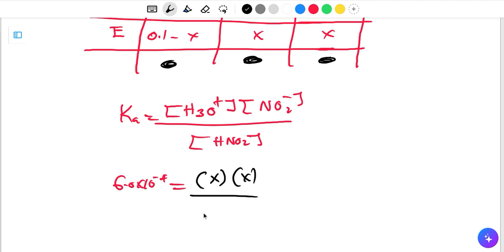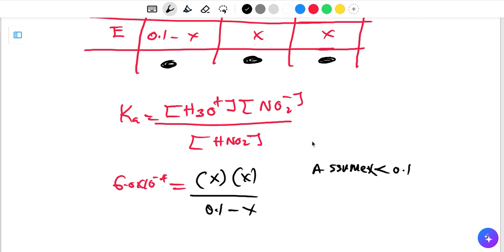Then on the down part we have 0.1 minus x. Here you need to assume that the value of x is less than 0.1. So if it is less than 0.1, meaning you can work with this one.